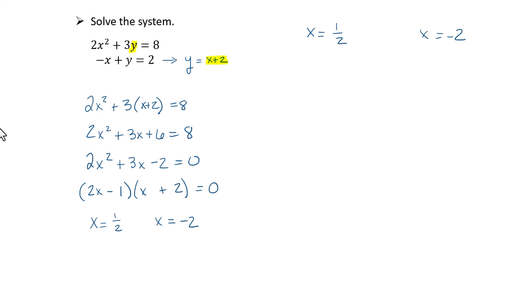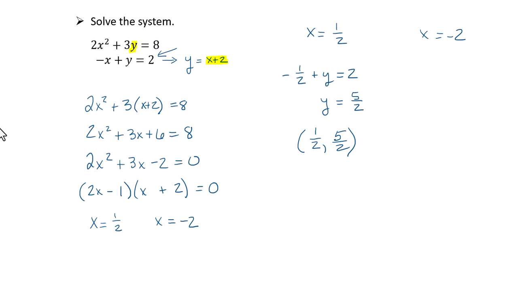I'm going to put this into the simpler equation, the second equation that is linear, and that gives me negative 1/2 plus y equals 2. If I add a half to both sides, y will be 5/2. So when x was 1/2, y was 5/2. That's one of my solutions.